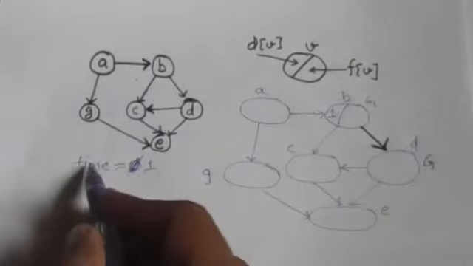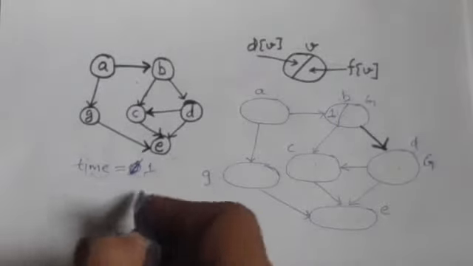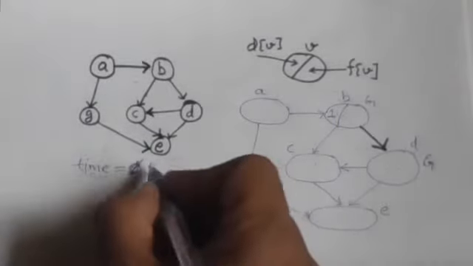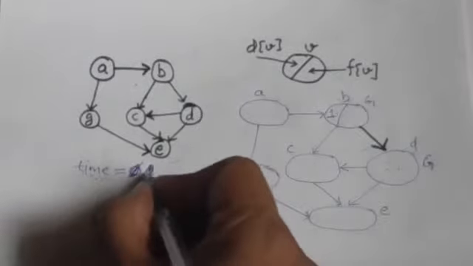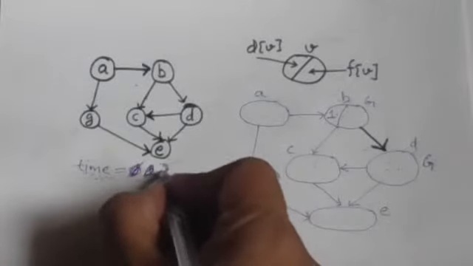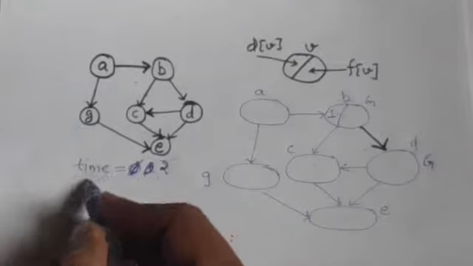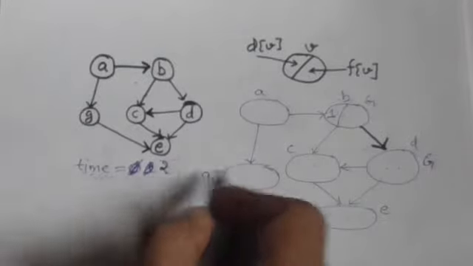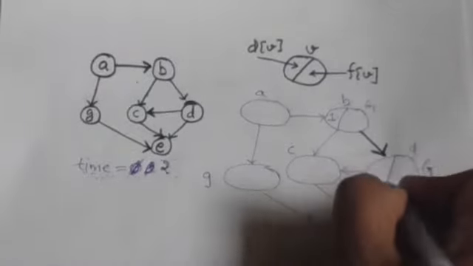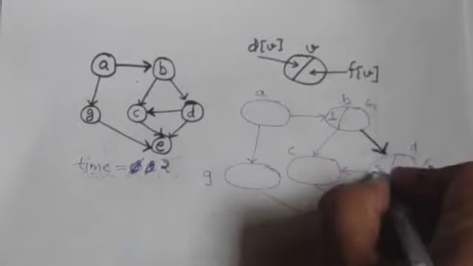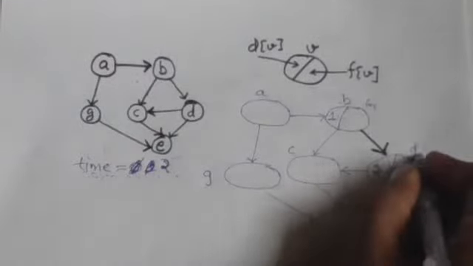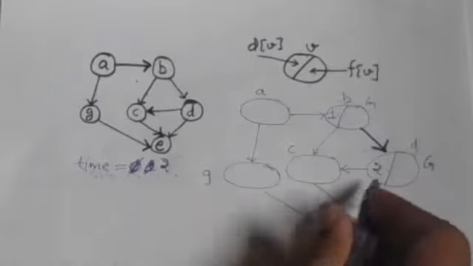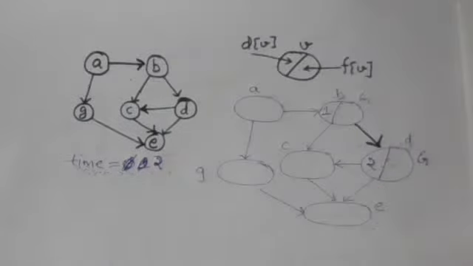Then we will increase the value of variable time by 1, right? Then the value of this variable time will become 2, right? Now this value of variable time will be set as the discovery time of vertex D, right? So discovery time of vertex D has become 2, right?